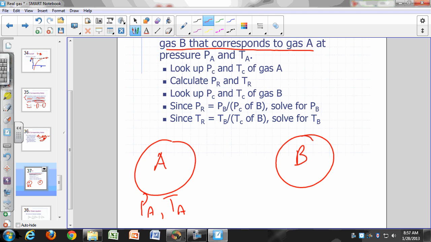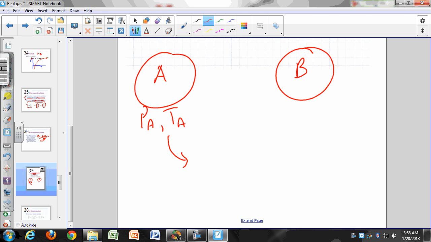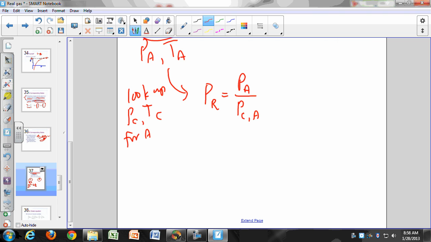Well, you look up P_C and T_C for gas A, the critical point for gas A. Your reduced pressure is going to be equal to P_A over the critical pressure of A, and the reduced temperature is just the temperature of gas A divided by its critical temperature.